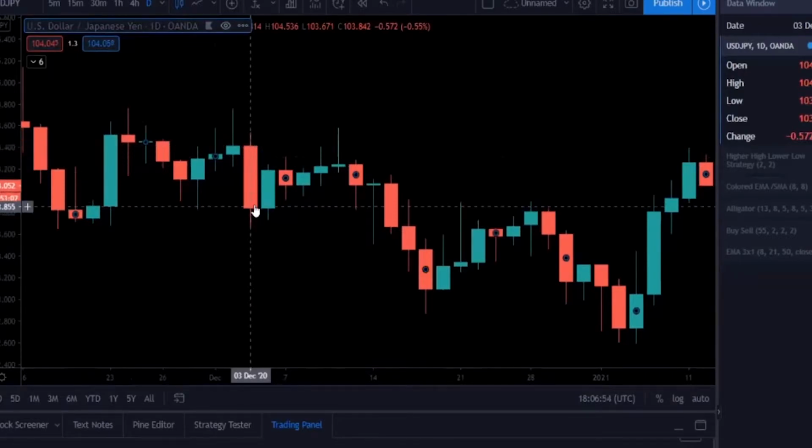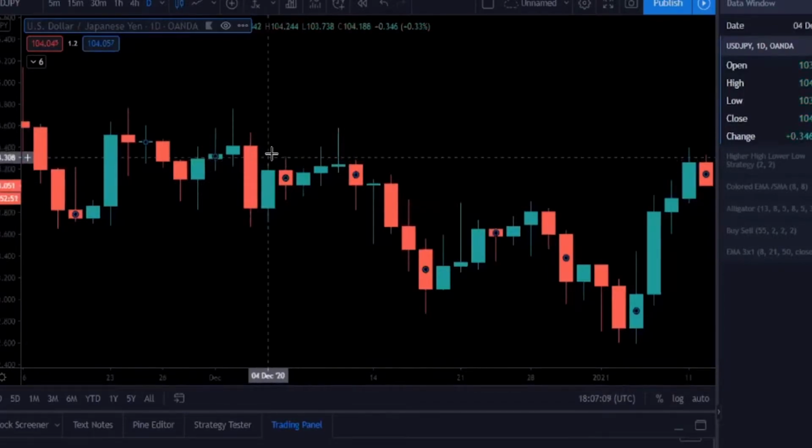Or when it opened, for example, if price opened down here and it came all the way down, but it closed here. So prices can actually move here and then come all the way back to this price and go back the other way. So basically, that's what the wicks are for.